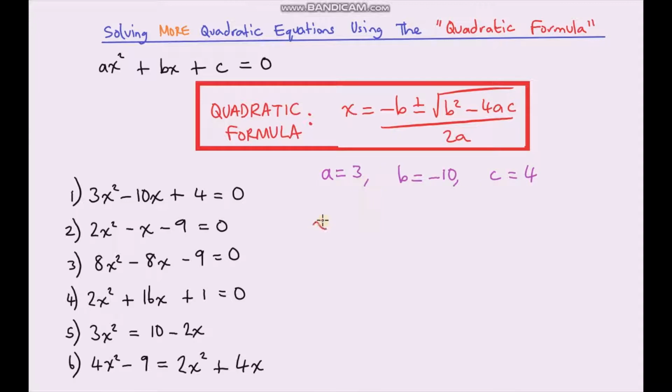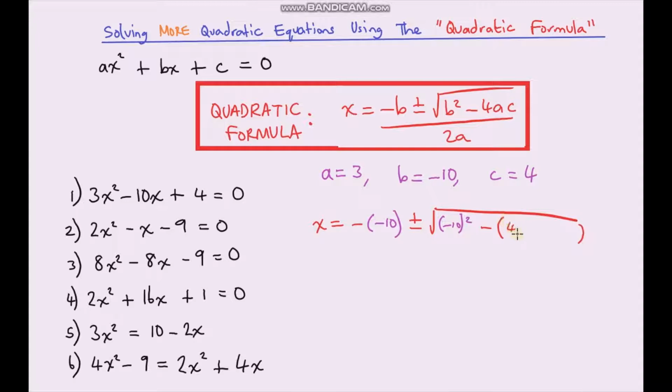So we're going to have x equals negative b, and in this case b is negative 10, so we're going to have negative of negative 10, which is going to be positive 10, but I'll just leave it like this for now so you can see what I'm doing. And then we're going to have plus or minus the square root of b squared, so that's going to be negative 10 squared, subtract 4 times a times c, and I'm going to put all of that in brackets just to help me out.